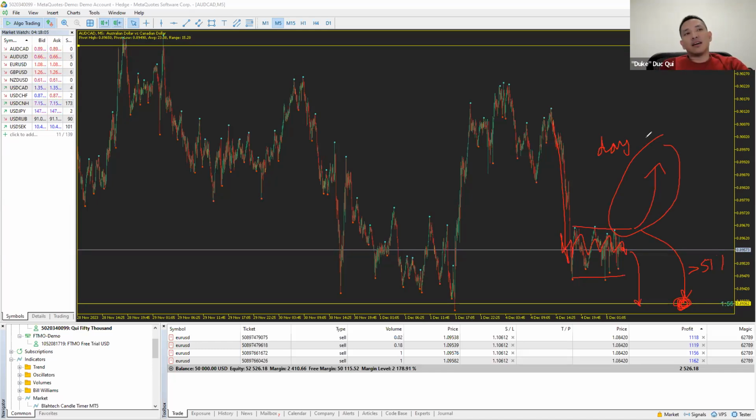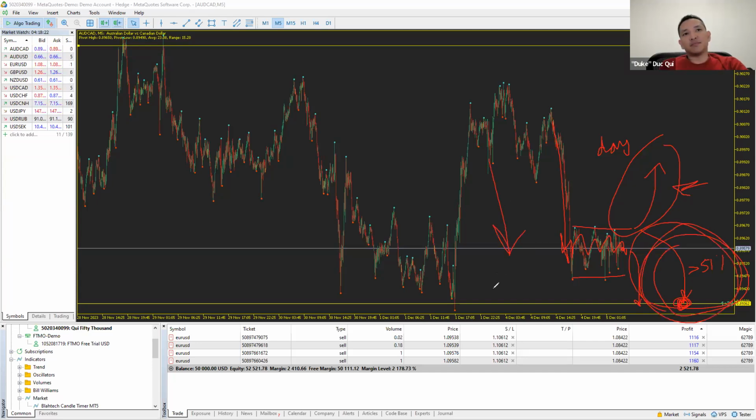The day has more probability to go up, reverse, right? But not at night. So you need to know the context of your trades. At nighttime, the probability is higher for continuation. Does that make sense?